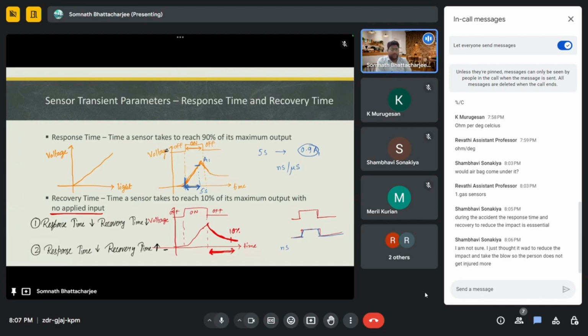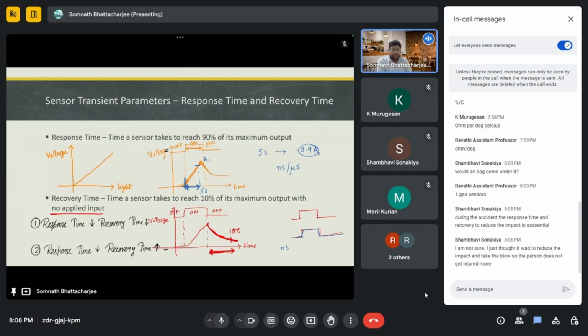And what about the recovery time? Can there be a second kind of collision? If there is a car in front of you, your car stops, right, and it recovered, and again, if there is another car coming, you have to get the response time again. So in that case recovery time will be a critical parameter. But it is very unlikely that a car will hit your car and then again another car will hit your car.